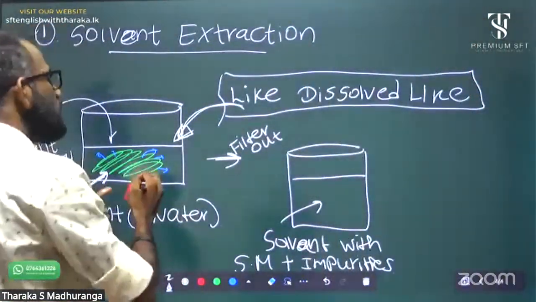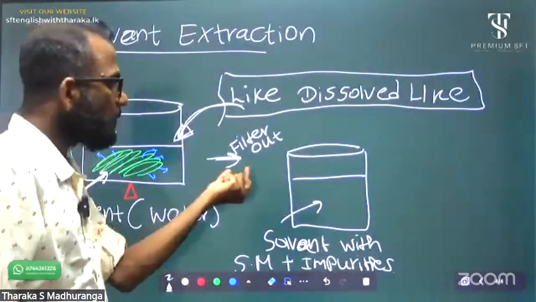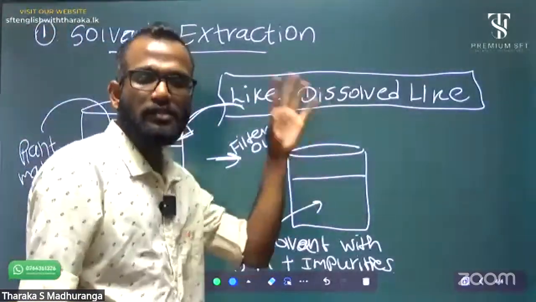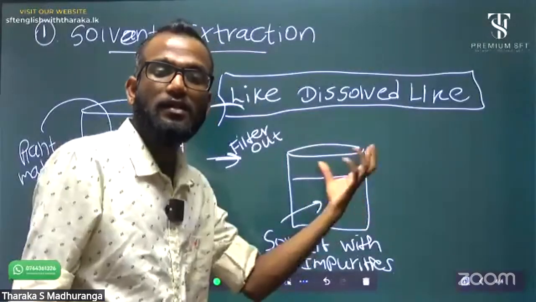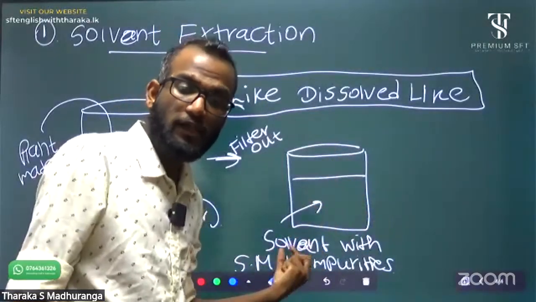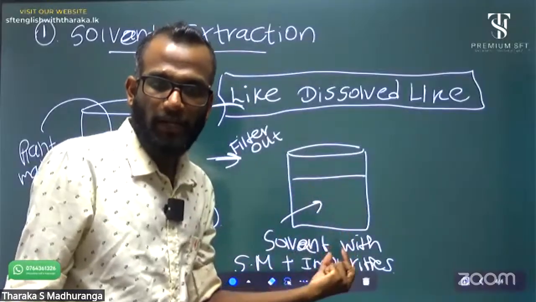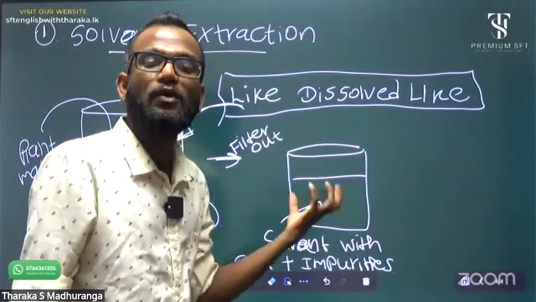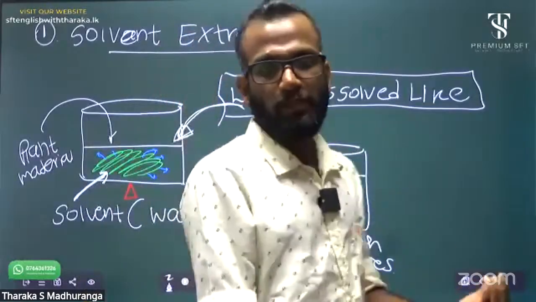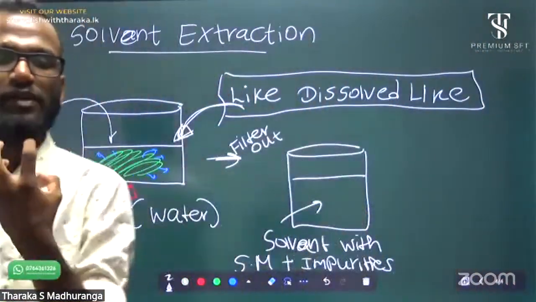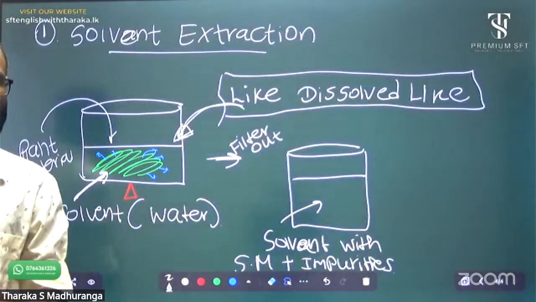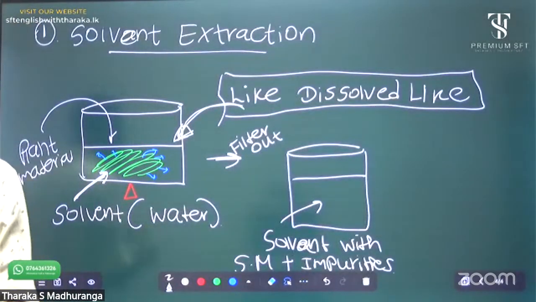When it is heated for a certain time period, we filter out the plant material and separate the solvent with secondary metabolites and other impurity materials. This complete impure solution we call a crude product. This is the solvent extraction.